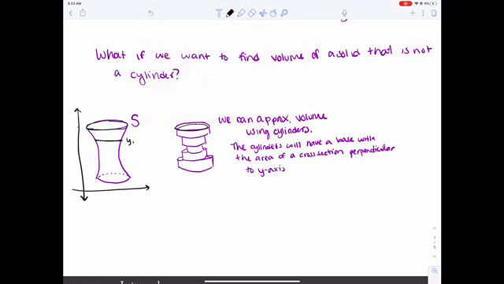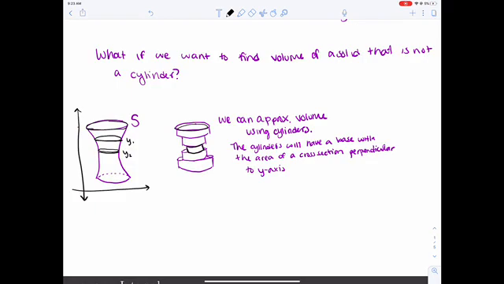So perhaps at this third cylinder, this little one, we're taking a cross section here, which I'll call at Y2, and we're using that cross section as the base of that cylinder that we're using to approximate the volume.